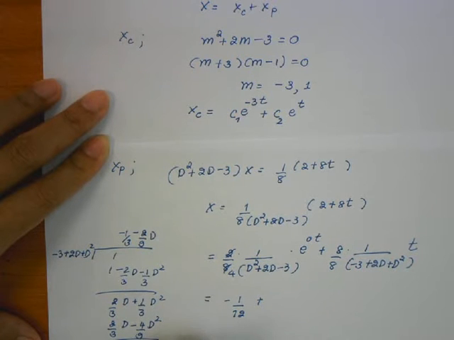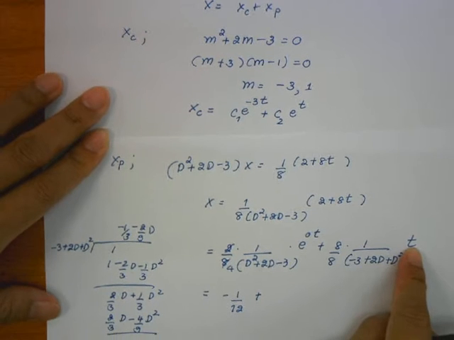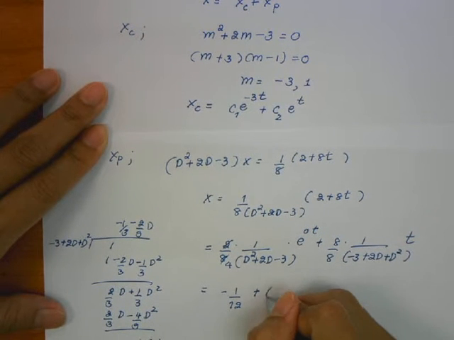And then we don't need to do more because we have only t here, so the rest of the terms would go to 0 by definition.